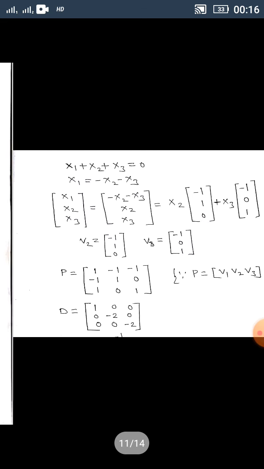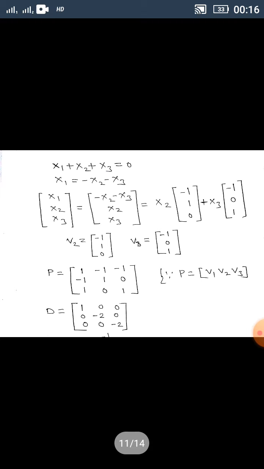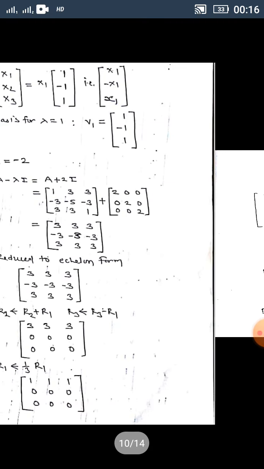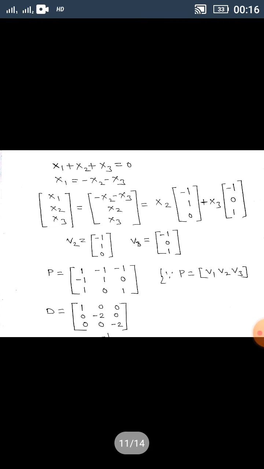So minus 1, 1, 0, this we can consider v2 vector, and minus 1, 0, 1 as v3 vector. So P matrix, we consider the matrix of v1, v2, v3. Now we substitute v1 we have calculated for lambda is equal to 1, and v2, v3 for lambda is equal to minus 2. So P matrix is 1 minus 1 1, the v1, minus 1 1 0, v2, minus 1 0 1, v3.